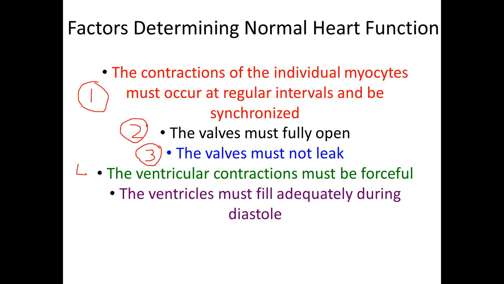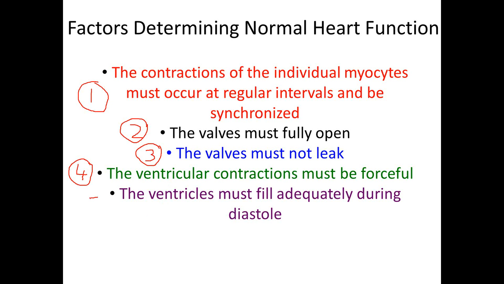Now four, the ventricular contractions must be forceful. So in very diseased hearts, they contract, but they're not strong. They're not strong enough to push the blood around the body. So they've got to be forceful enough to push blood around the body.